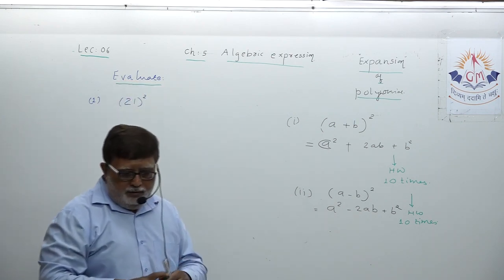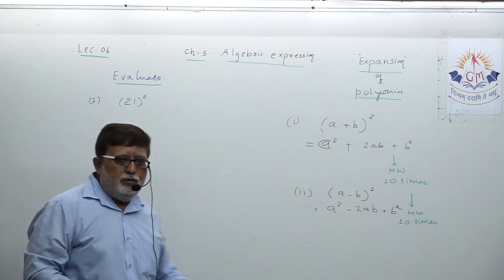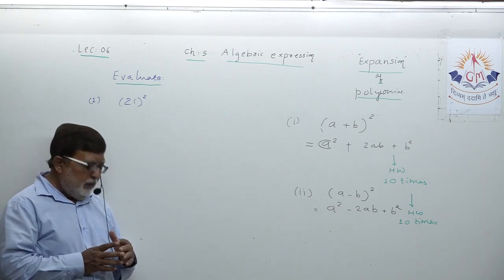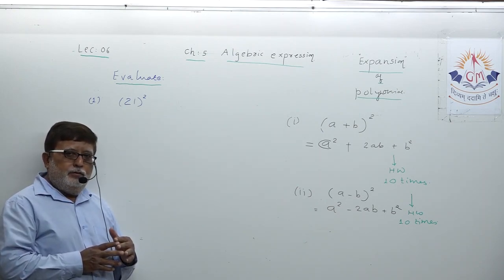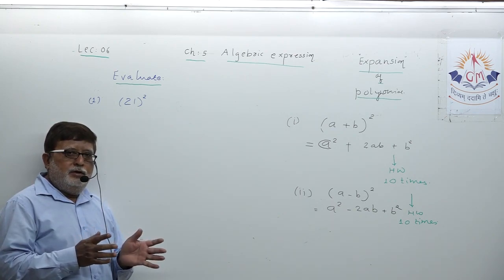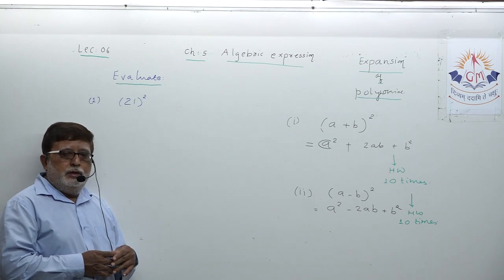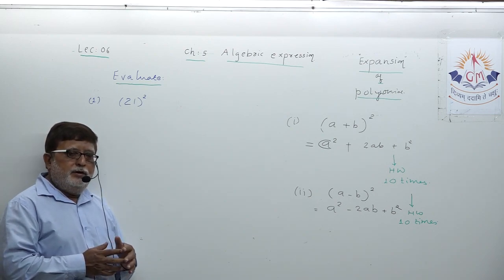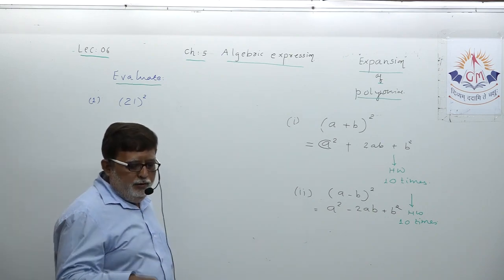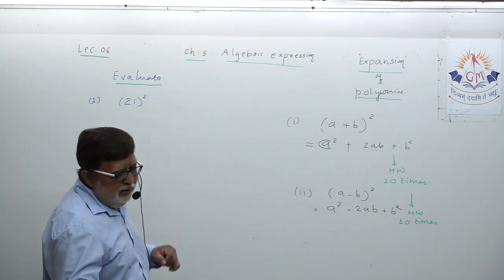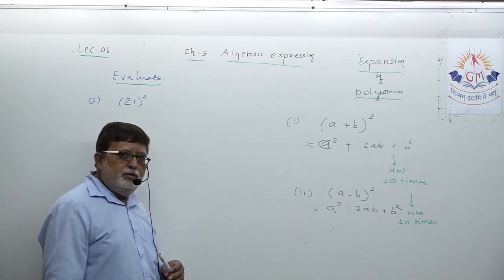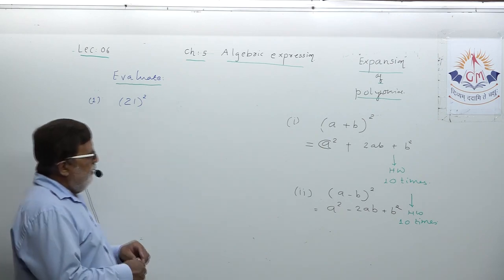Sometimes many students will do it this way. It is 21 raised to 2, so they will develop a habit of doing 21 into 21. No, you do not have to multiply 21 and 21. You do not have to do it that way. You have to actually utilize these identities, either a plus b whole square or a minus b whole square.